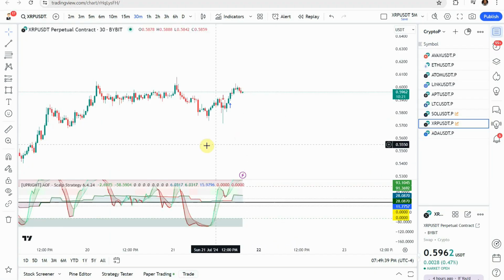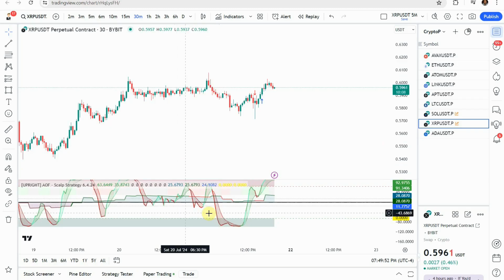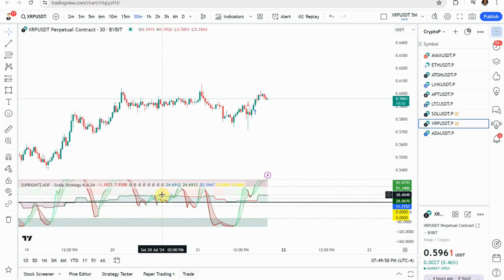Alright, as I said, today we will be testing a crypto scalping strategy. Or I guess I should say we'll be reviewing a crypto scalping strategy. For those of you who know, you probably recognize that this is the Academy of Forex indicator here on the bottom of the screen. This is the indicator that I mention in all of the videos.